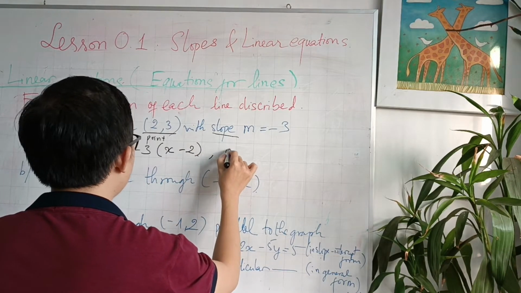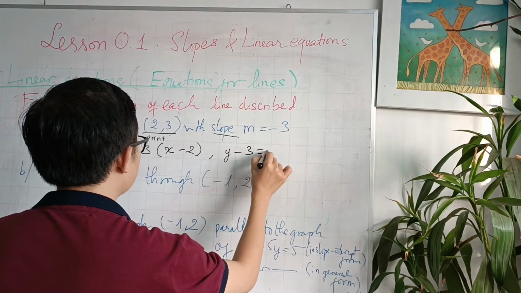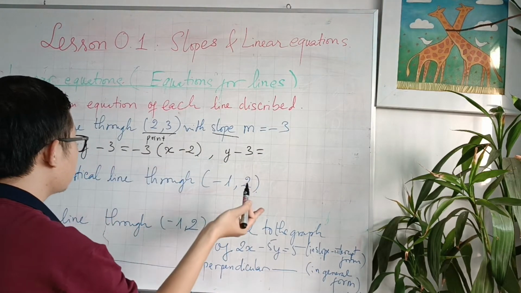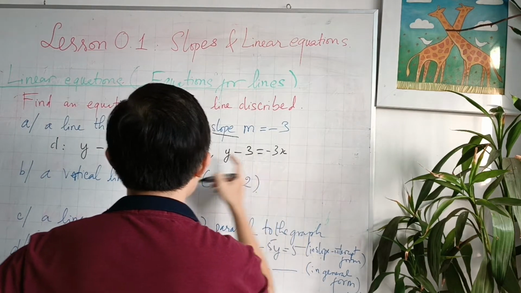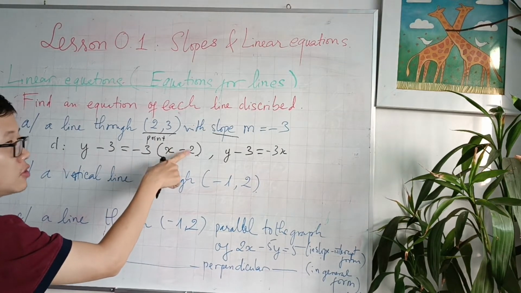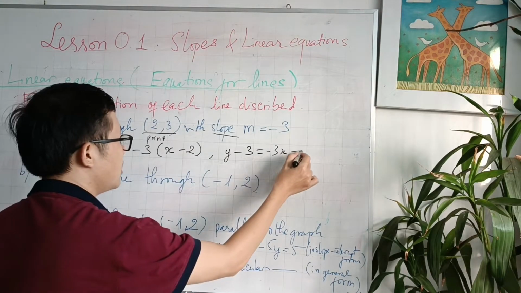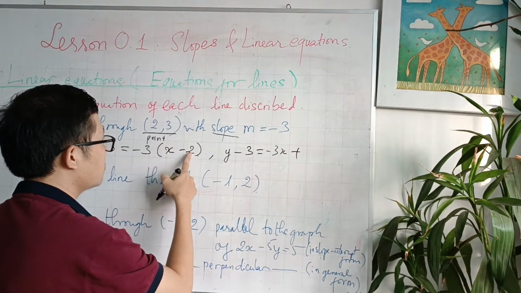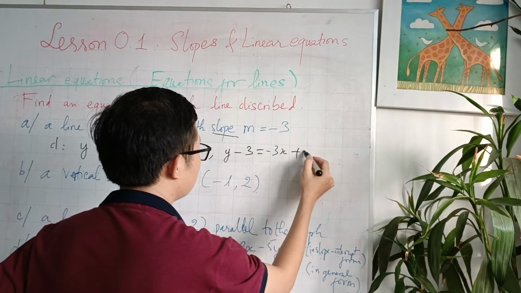We can also translate this form to the general form by expanding this expression. So this is y minus 3 equals the distributive product, negative 3x. Negative 3 times negative 2, negative times negative is positive, so we add 2 times 3, which is 6.